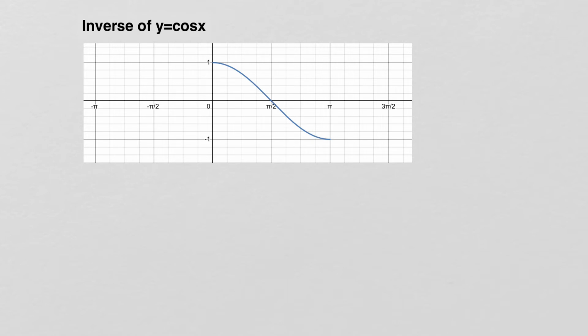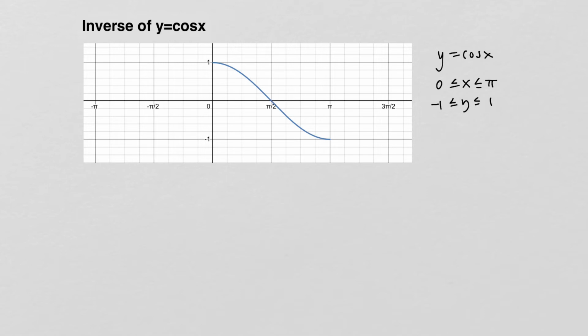So for y equals cosine of x, we restrict the domain to only be the values between 0 and pi. And you can see if we do that, starting at 0, going to pi, we now have a one-to-one function. Every horizontal line you draw here will only hit the graph one time. The y values for this are all the y values between -1 and +1.